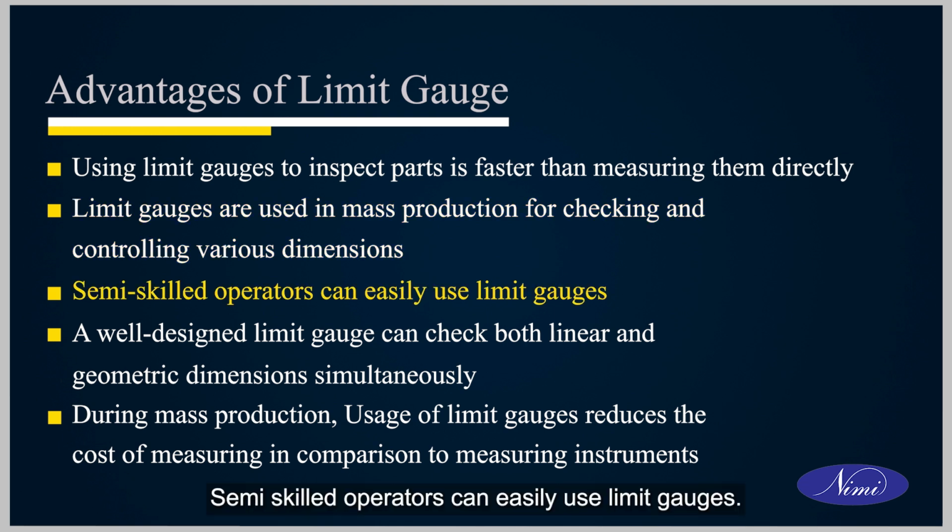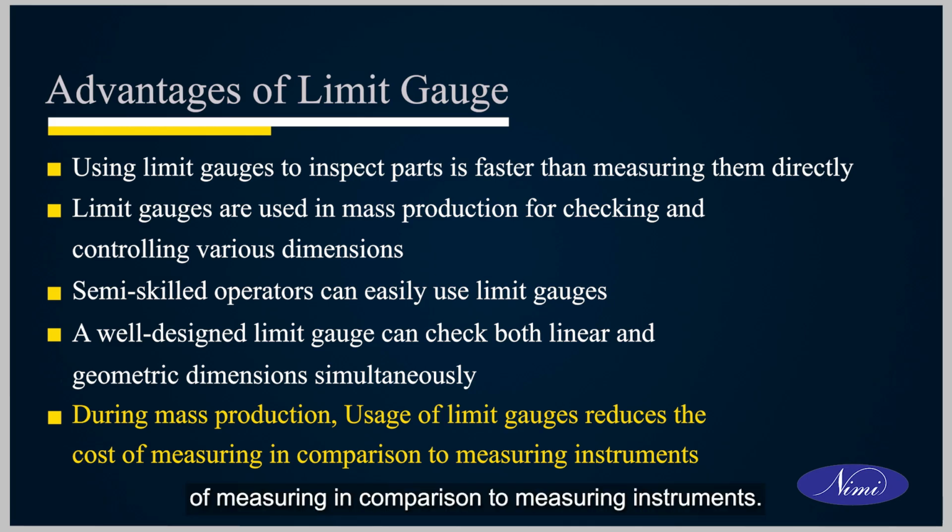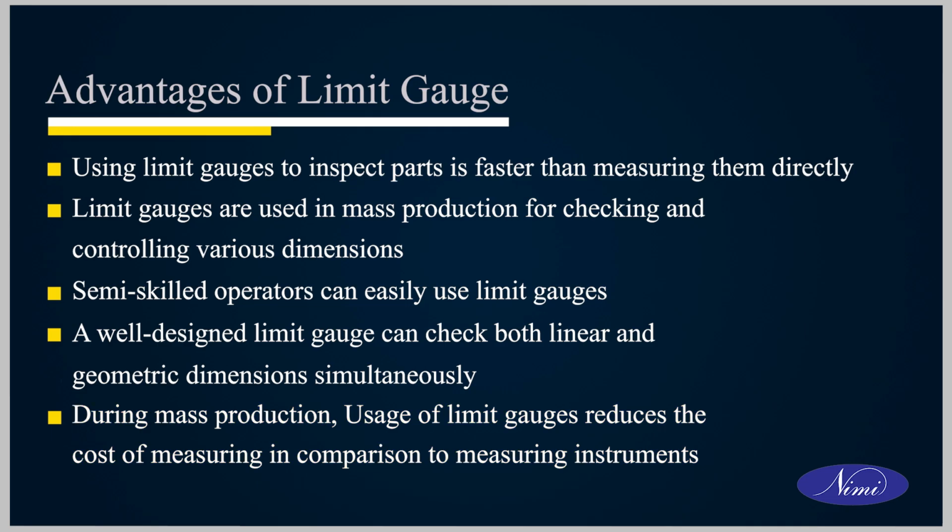Semi-skilled operators can easily use limit gauges. A well-designed limit gauge can check both linear and geometric dimensions simultaneously. During mass production, usage of limit gauges reduces the cost of measuring in comparison to measuring instruments.